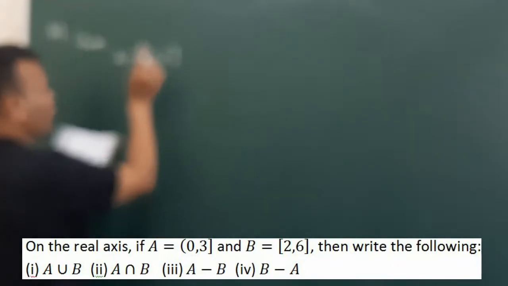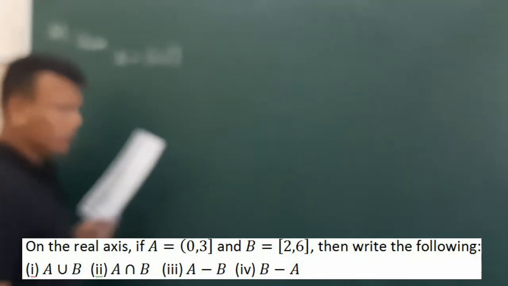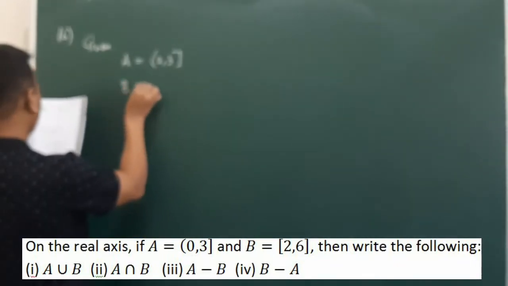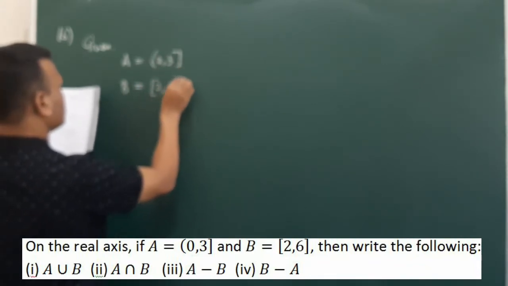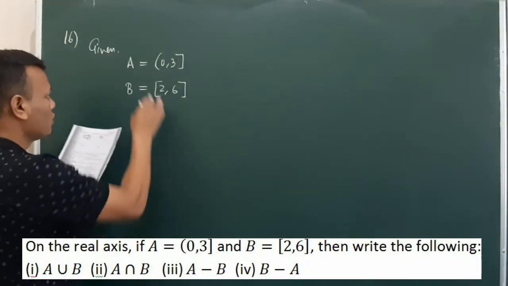So we read this as open-close 0, 3. And B is given to be 2 closed 2, 6. Okay, so these two are given.